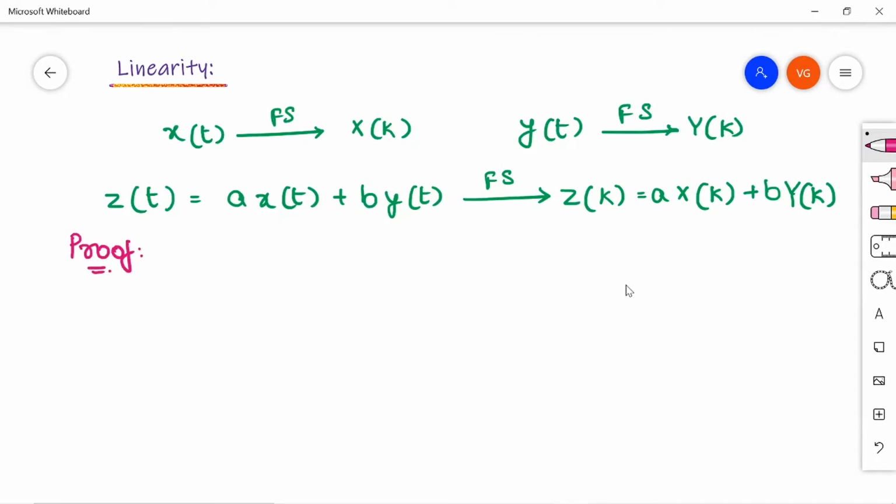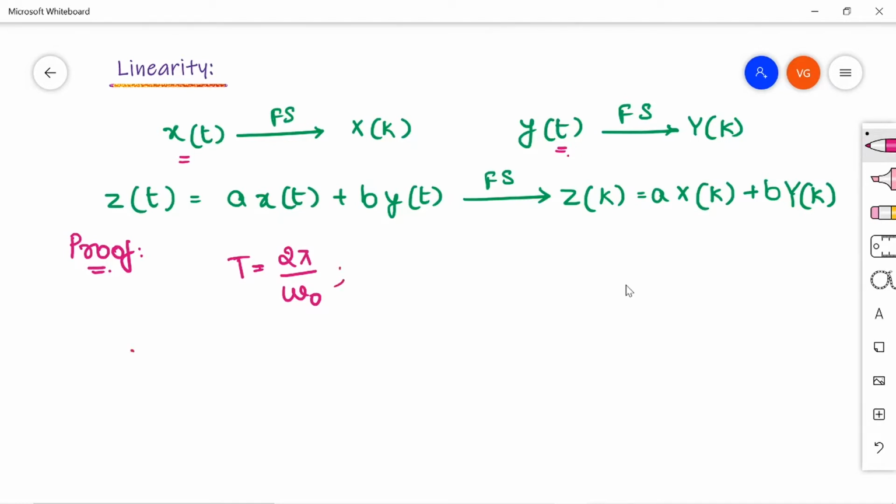We know Fourier series can be applied only on the periodic signals. So x of t and y of t both should be periodic signals with a time period T is equal to 2 pi by omega naught. Say the time period for x of t and y of t is equal to 2 pi by omega naught.